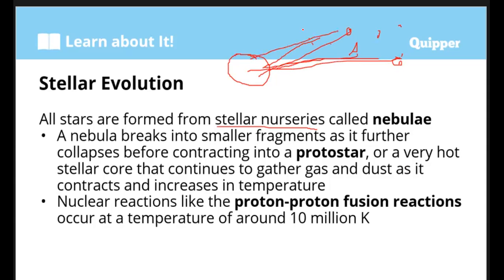As it gathers these subatomic particles, a star is formed. The lowest form of a star is what we now call the protostar, a very hot stellar core that continues to gather gas as it contracts and increases in temperature.